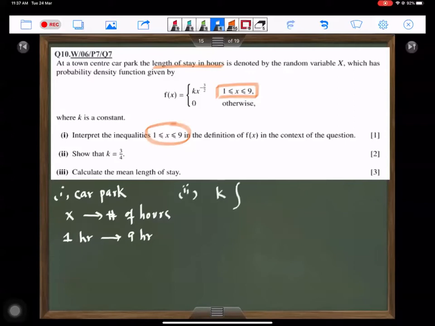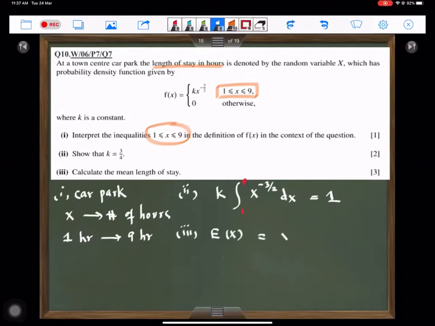Simply writing it down. This is the integral of k(x^(-1/2)) dx equals 1. What are the limits? Lower limit is 1, upper limit is 9. And then you find the value of k as 3/4. Third part, calculate the mean length of stay, the expectation of x, that is x multiplied by f(x).